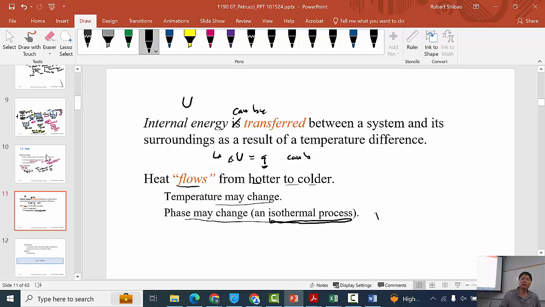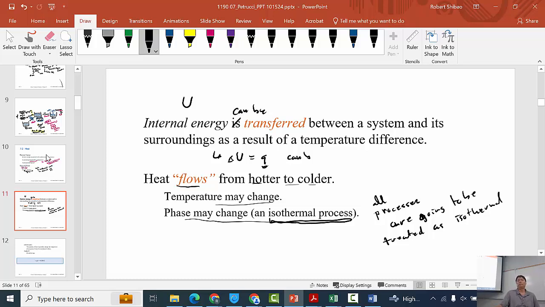We call these the processes. All processes are going to be treated as isothermal. We do that to simplify the math. This makes the math easier.